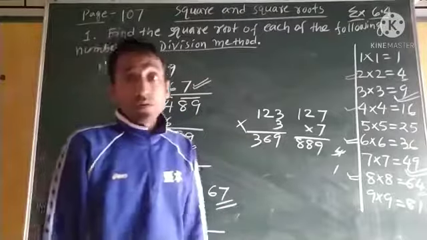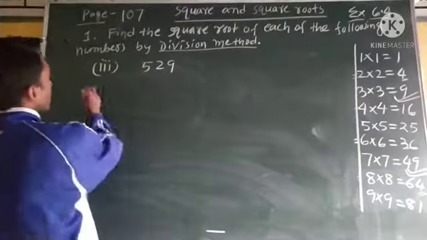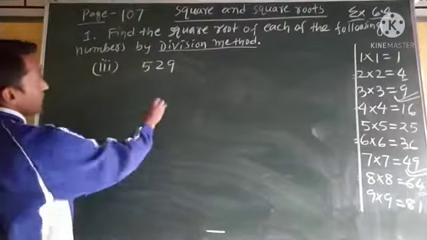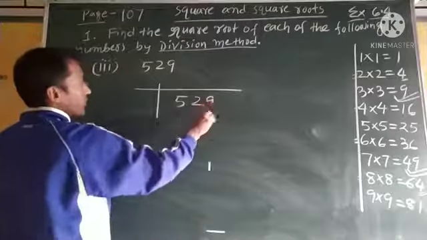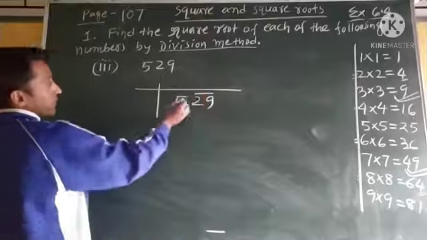Now we'll do the next one. The next question is to find the square root of 529. In the same process, you make pairs from the ones place.